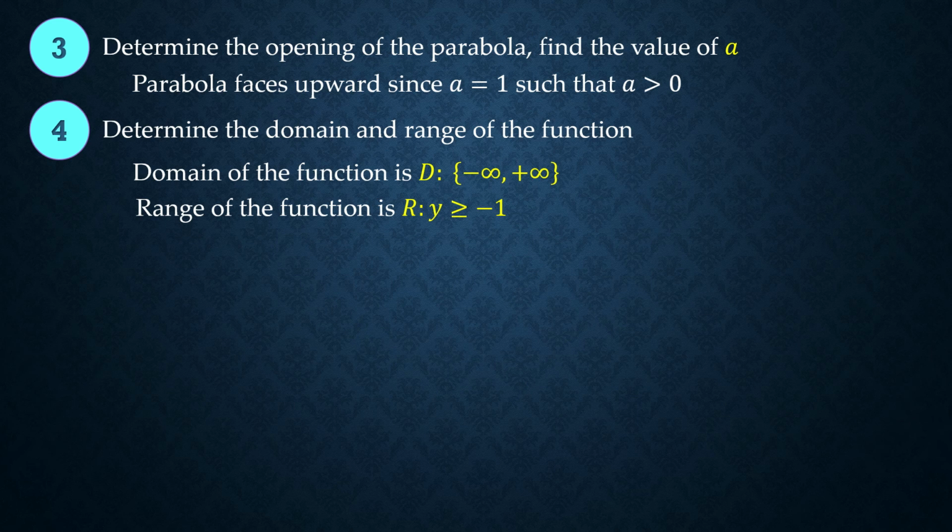Since the parabola is facing upward, we write our range as y greater than or equal to negative 1. So the numbers greater than negative 1, that is 0, 1, 2, 3, and positive numbers. The smallest value of y is negative 1, based on the vertex we solved earlier.